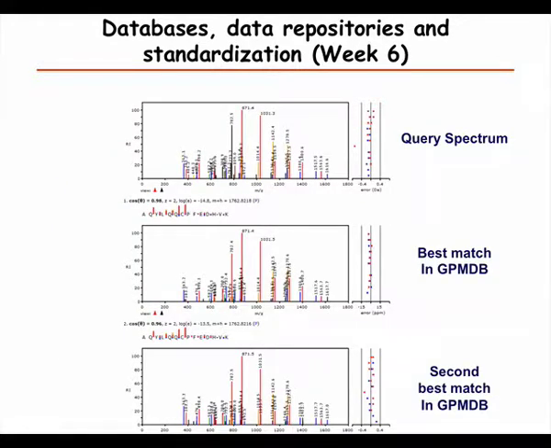And then one can do this on the mass spectrometry level. Here, for example, we are comparing one spectrum that we measured, a fragment mass spectrum of a peptide, and we find two matches in GPMDB, and we see that the relative intensities are quite similar.